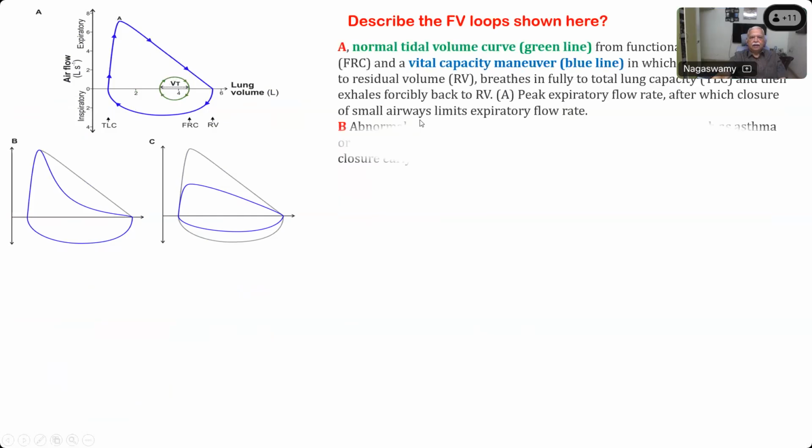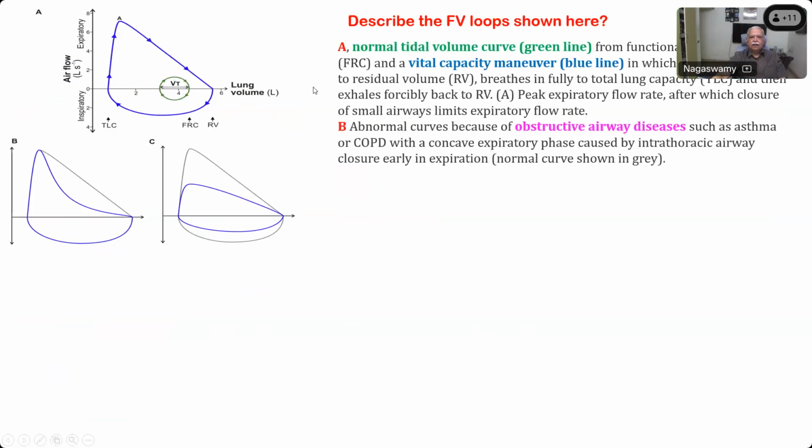In A, you have the small airways disease, and B shows the scooped out appearance. This is the normal, this is the scooped out appearance. So this is the classical obstructive pattern of the flow volume loop. What about this? C, restrictive.